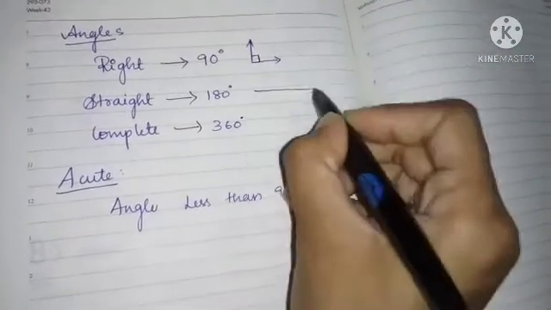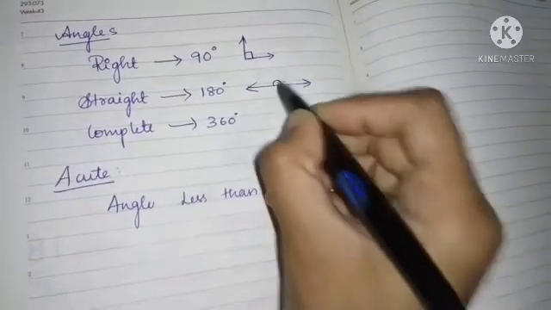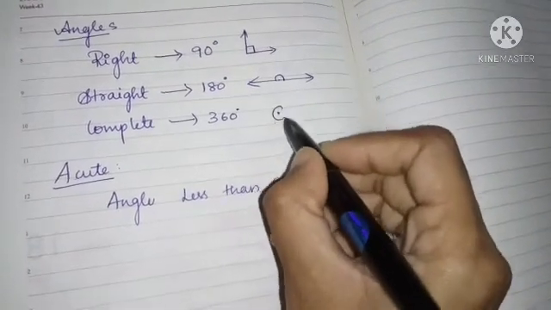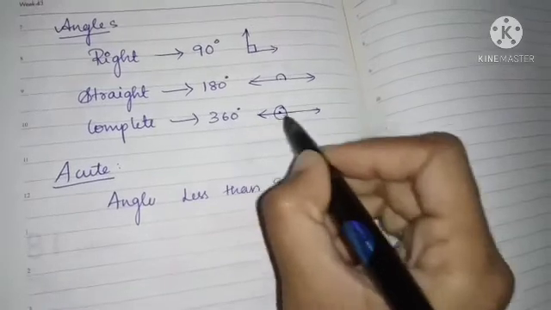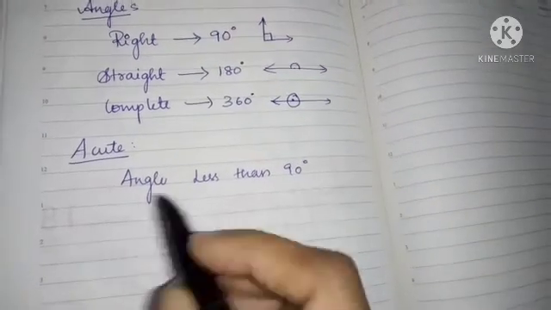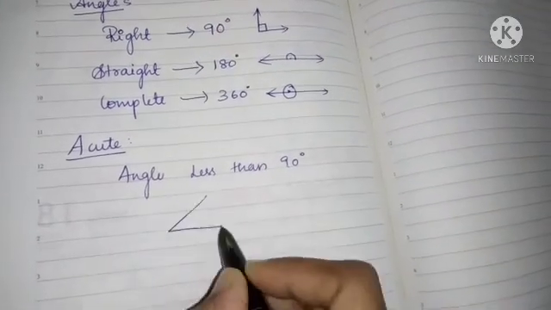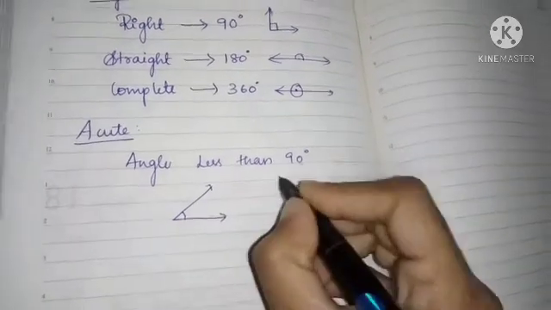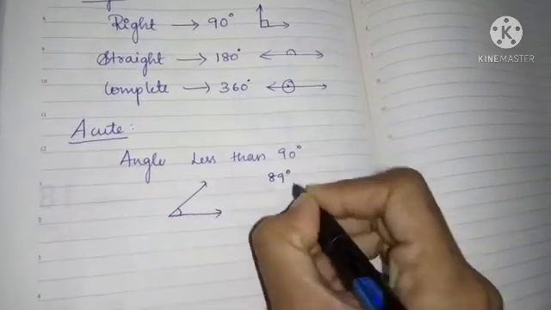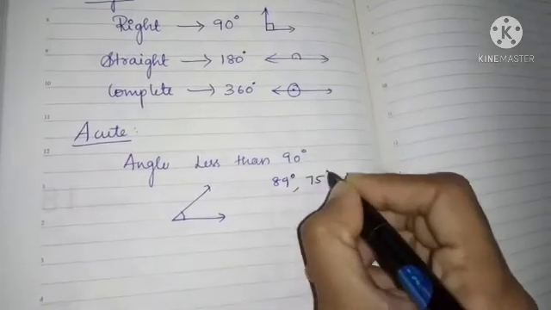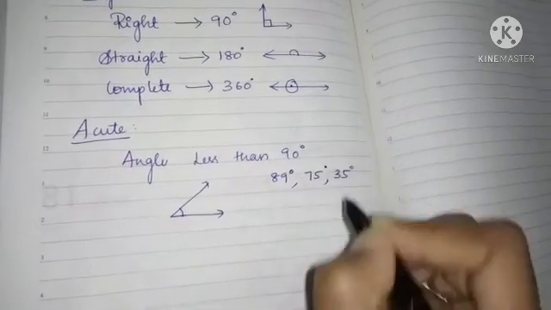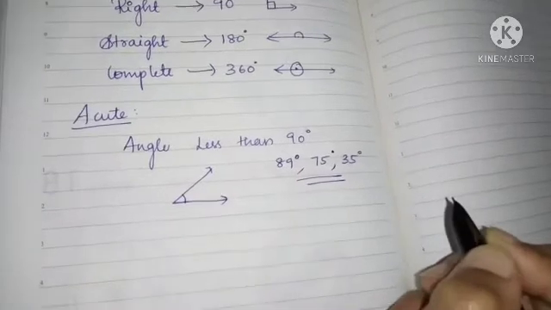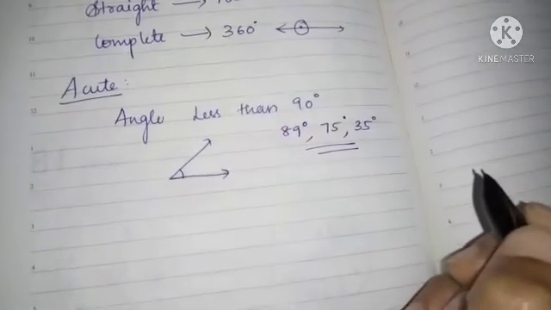Straight angle means it will be like this. Complete angle means it will be like this. So an acute angle will be less than 90 degrees. 89 degrees is acute, 75 degrees is acute, 35 degrees is acute. So these are all acute angles.